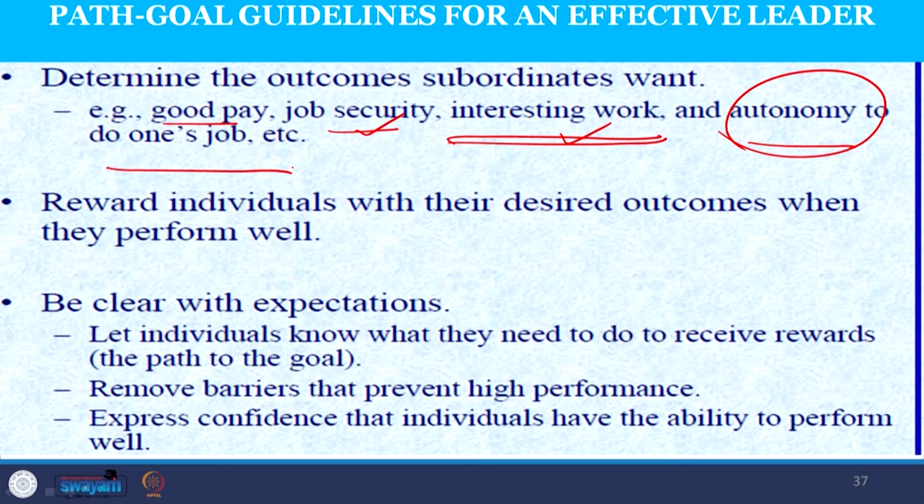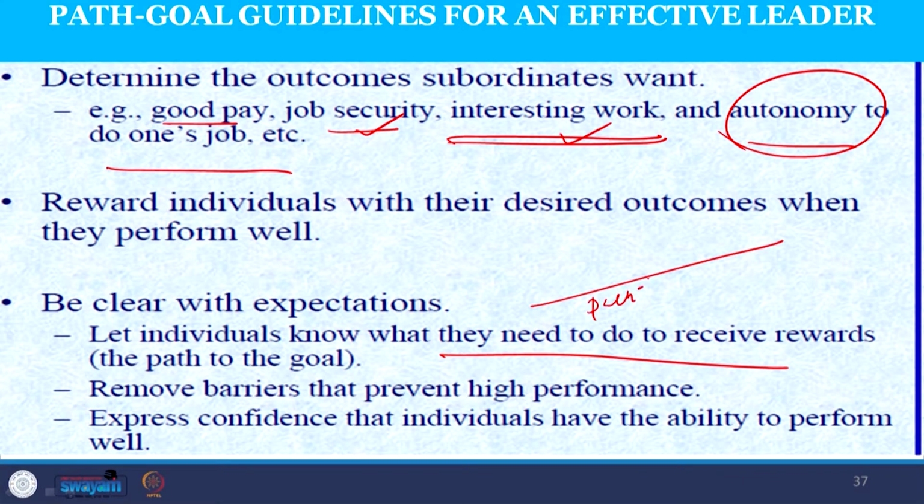Reward individuals with their desired outcomes when they perform well. Be very clear with expectations. Let individuals know what they need to do to receive the rewards. That means, while assigning the task to the subordinate, the leader has to spell out very clearly what is supposed to be done by them.